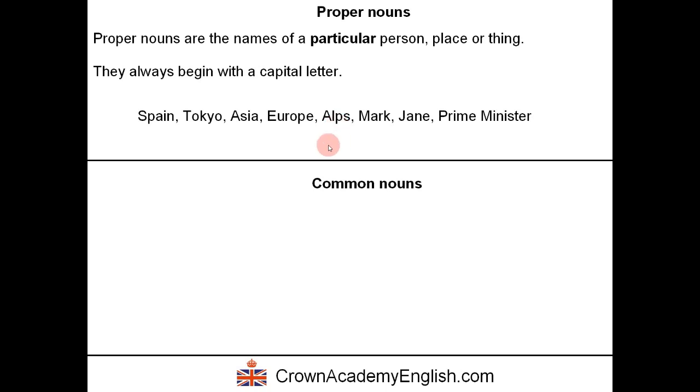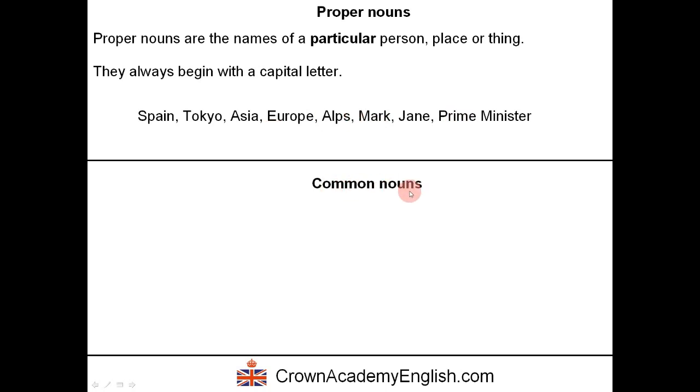The Alps are mountains in France and Switzerland, and I think Italy as well, and Austria, I think. Yes. Tell me in the comments if that is right. And then we have Mark and Jane, which are people's names, and the Prime Minister, which is a title. Okay, so they all have capital letters.